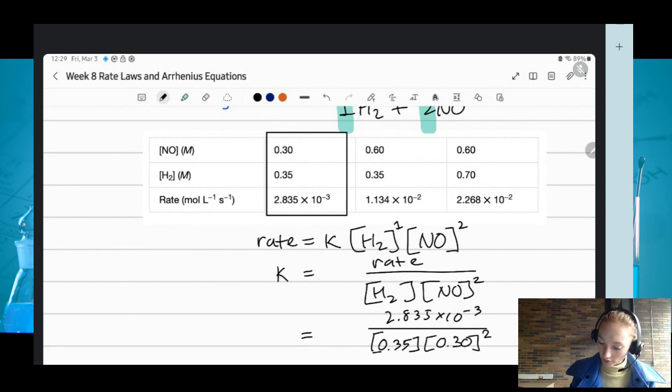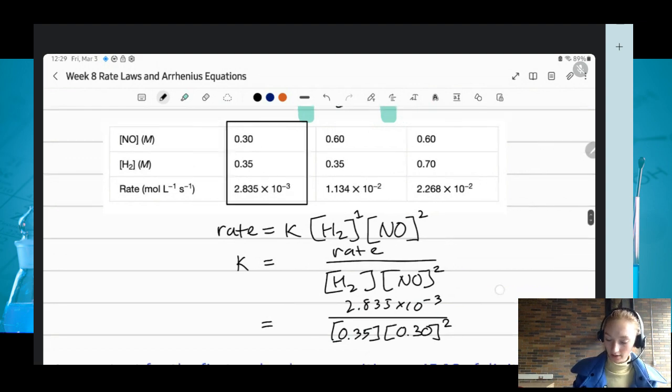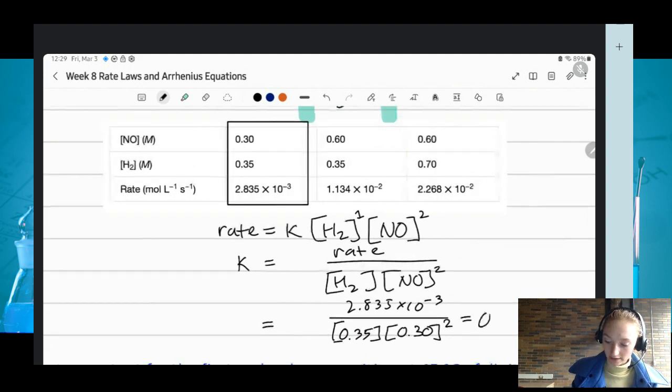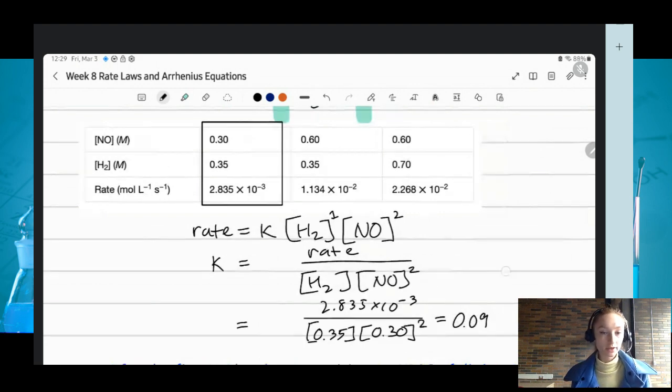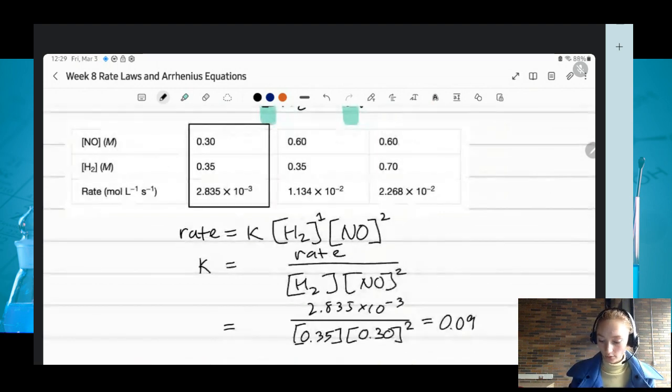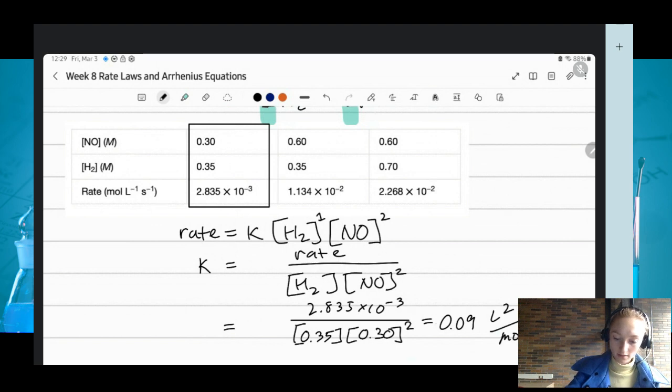And so multiplying that out and dividing all of that, we will get a value of 0.09. And since the rate is moles per liter per second, we will have a unit value of K to be liters squared, moles squared, as usual, multiplied by the second. So that will be the value for the K constant.